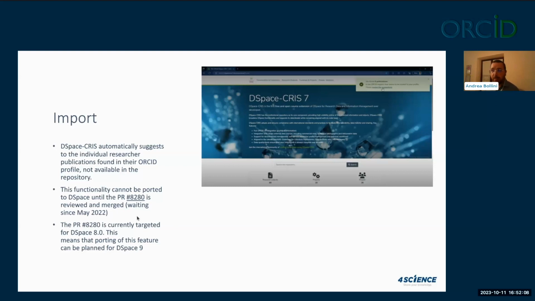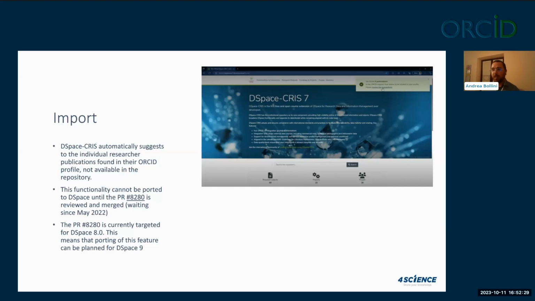And by the way, this functionality has been contributed to DSpace. We are still waiting for the review and the merge of the pull request that is blocking this functionality from appearing in DSpace, unfortunately since May of 2022. But now this pull request has been targeted for DSpace 8.